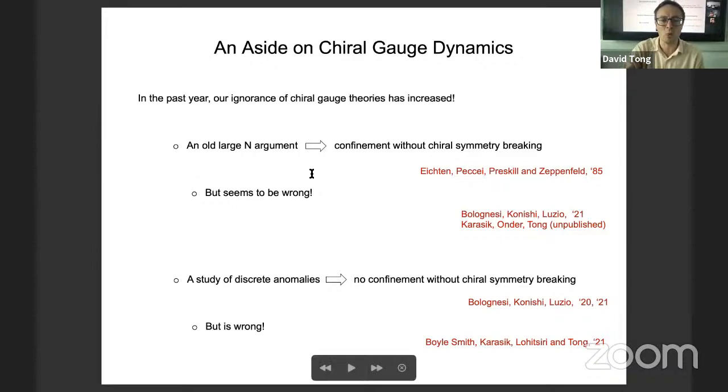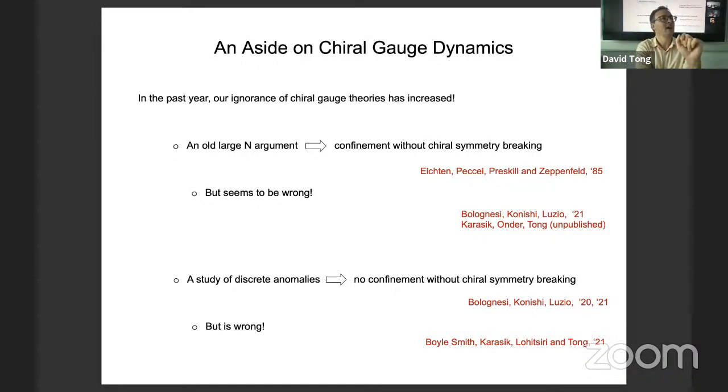So there's a wonderfully simple paper, again by Eichten and Preskill, now with Pecci and Zeppenfeld, who did a large N analysis of this theory and argued that at large N, you essentially have to have confinement without chiral symmetry breaking.